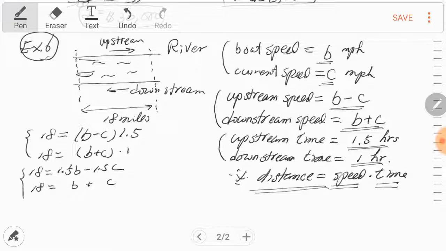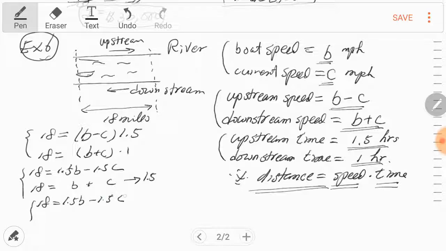So in this case, let's use elimination method. So why don't we multiply the second equation by 1.5? Okay, sorry for the barking. All right, then. First equation is unchanged.